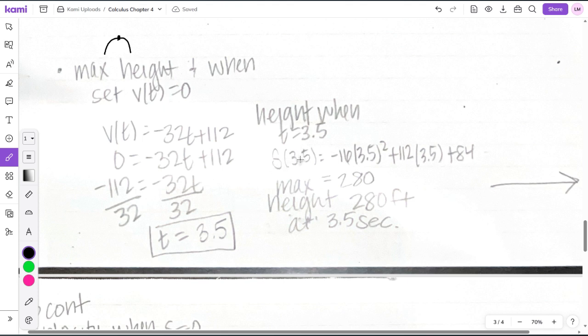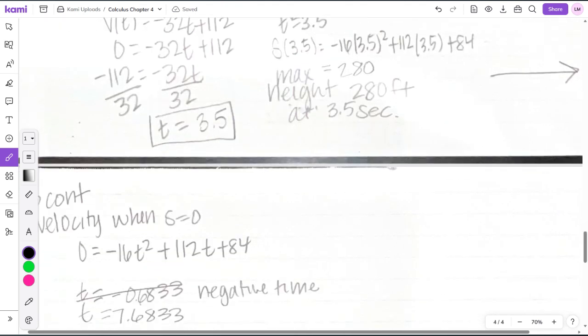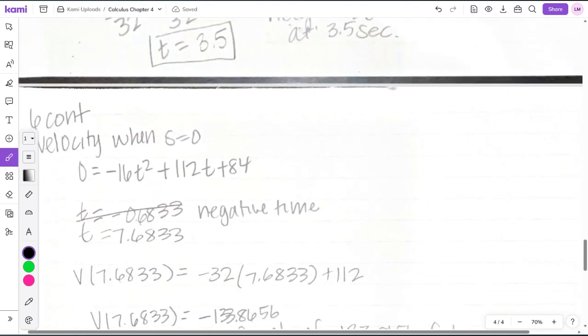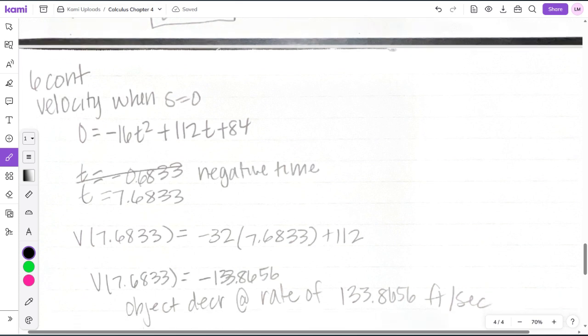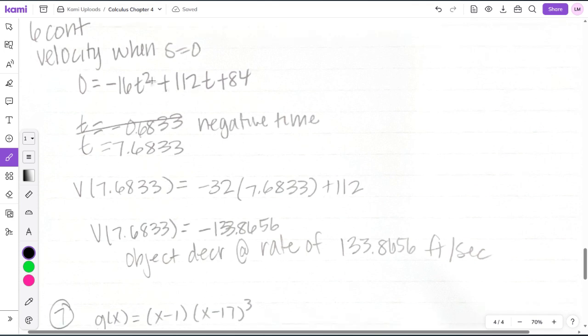I went back to the original and plugged in 3.5 seconds to find the height, and I got 280 feet at 3.5 seconds. And then for the last part, find the velocity when the height is 0. So I plugged in 0 to the original function for the height, and I found the time. One of the times was negative, so I kicked it out. I literally graphed this. Okay, I'm not wasting time doing the quadratic formula.